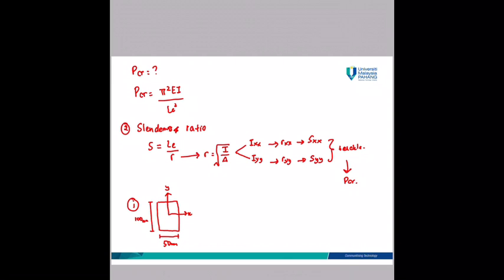This is the diagram if you would like to calculate Ixx, which is equal to bh cubed over 12. I would like to use meters. For Iyy, you just rotate the diagram. Now here is Y, here is X, with the same dimensions: this is 50 mm and here is 100 mm.